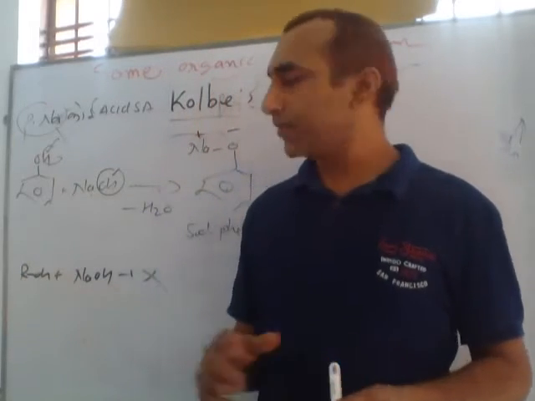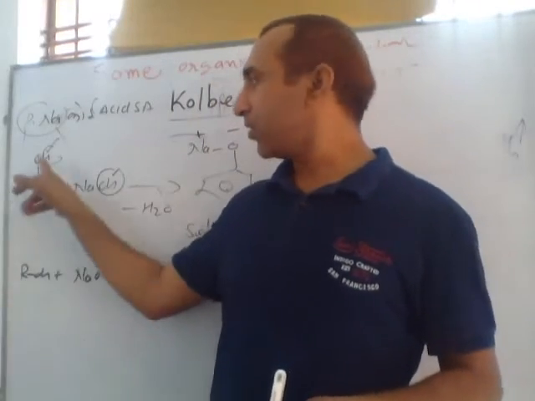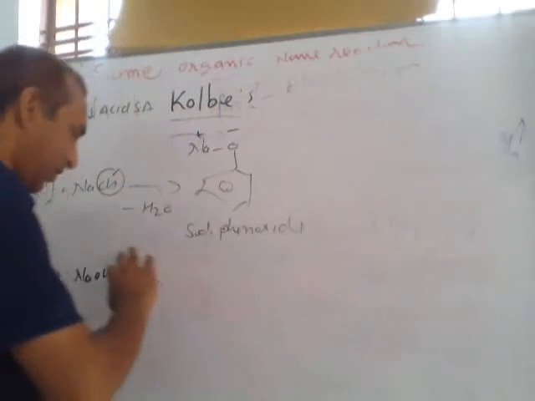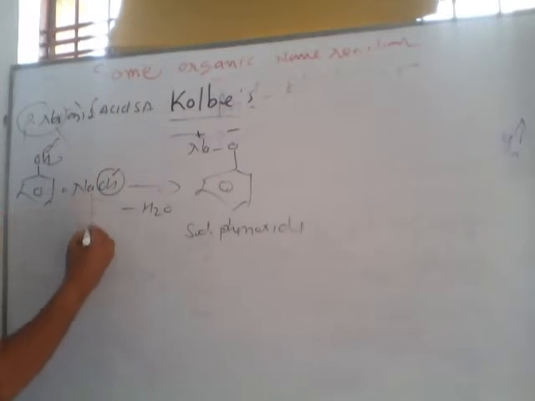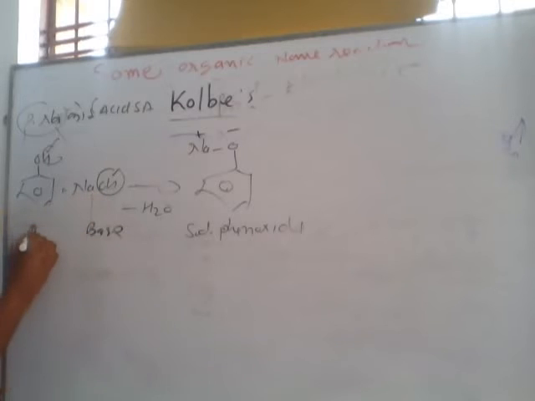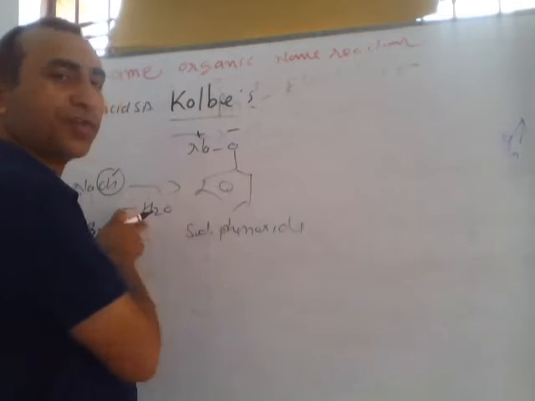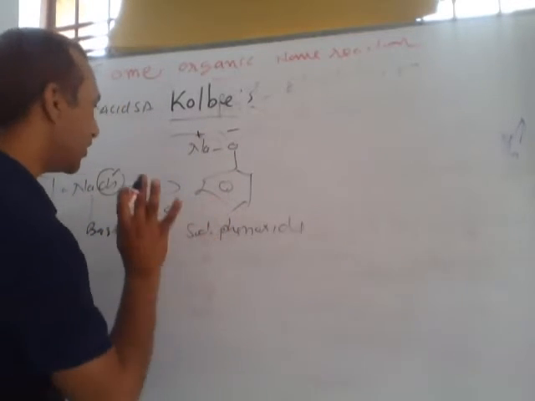So in the exam they ask, how can you prove that alcohols are not acidic but phenol is acidic? By reaction with a base, phenol reacts and gives a result. This is called a neutralization reaction. In a neutralization reaction, acid and base react, and after the reaction salt and water are formed. Water is removed, and sodium phenoxide is the salt. So this is the first reaction.